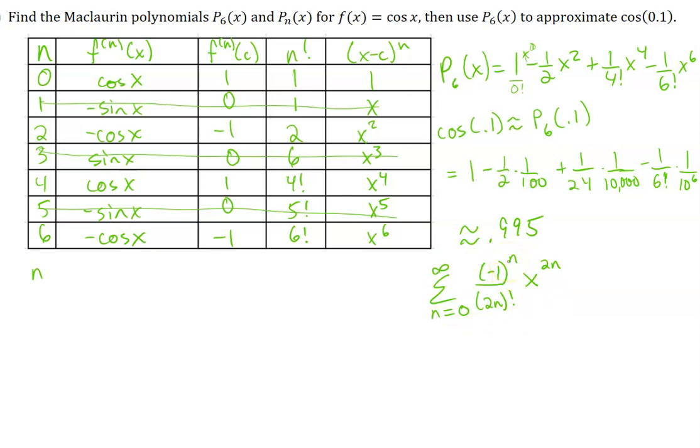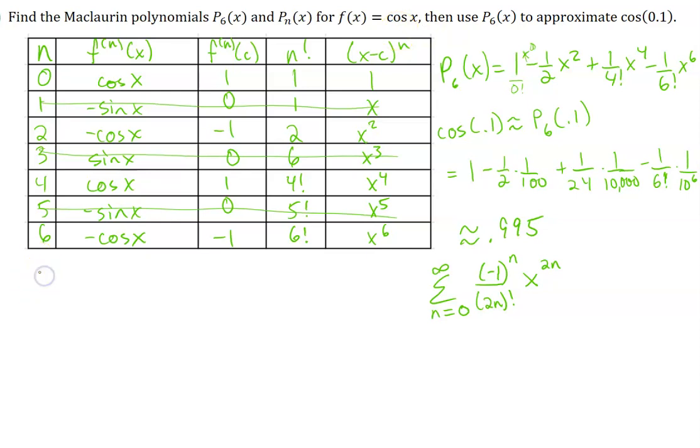And there's something that we can use this general form for to answer a question about finding a power series for something related to this. What I mean by that is cosine is the derivative of sine.